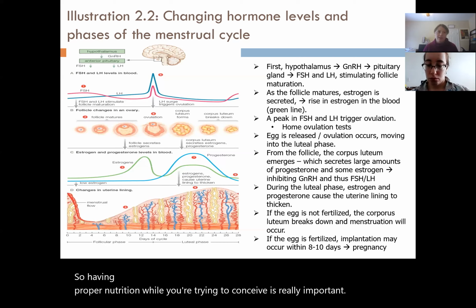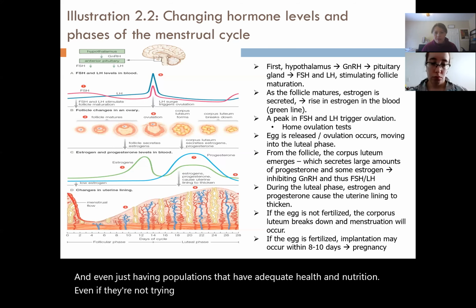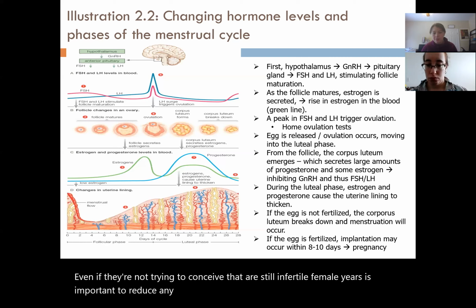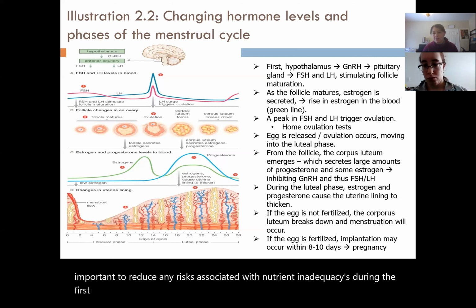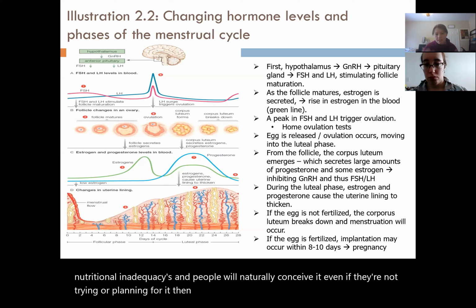And even just having populations that have adequate health and nutrition, even if they're not trying to conceive, that are still in fertile female years, is important to reduce any risks associated with nutrient inadequacies during the first trimester. So if you have a population that doesn't have too many nutritional inadequacies, and people naturally conceive even if they're not trying or planning for it, then those pregnancies have a greater chance of success.